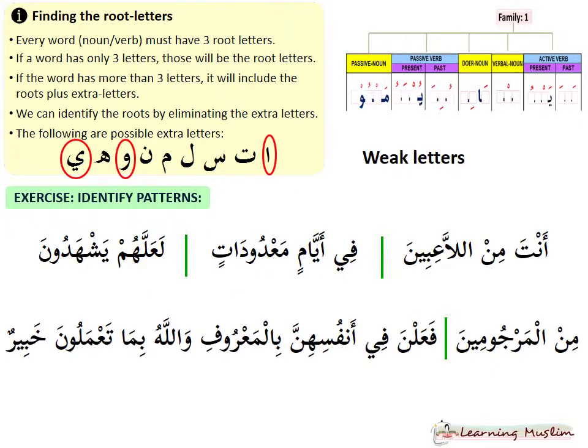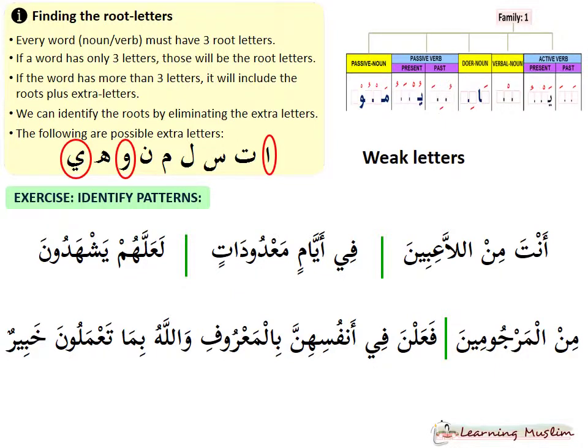So we have an idea of the weak letters. Amongst the extra letters, there are 3: alif, waw, and ya. We consider them to be the weak letters for the following 2 reasons. Number 1, they are eliminated first if we have a scenario like we have now, between lam and alif. Is lam root or alif root?